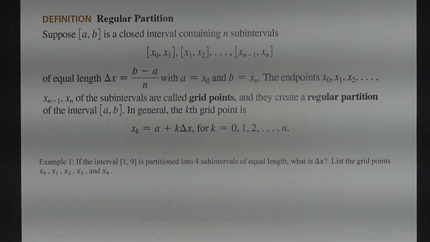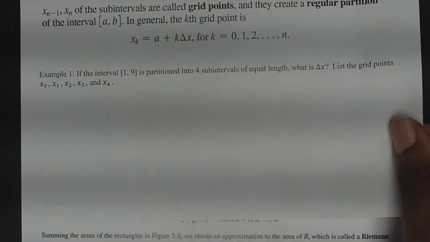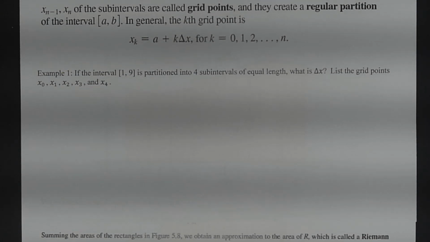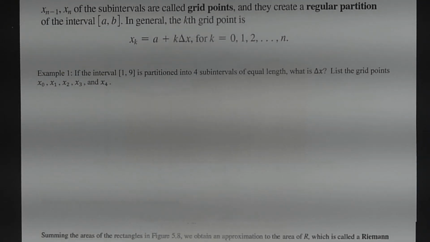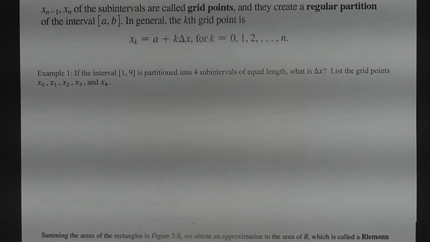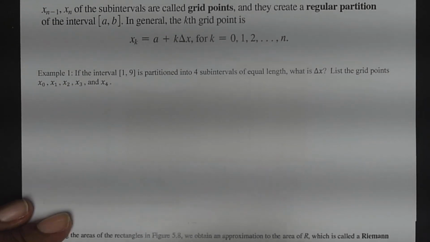Now let's take a look at example 1. If the interval 1, 9 is partitioned into subintervals of equal length, what is delta x? We're just starting off with the preliminaries here, because this will prepare you for everything else that I talk about in this video.